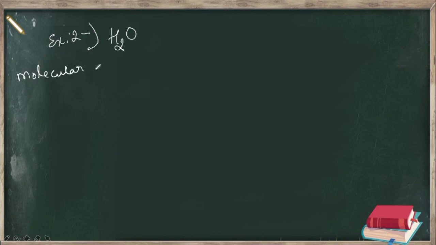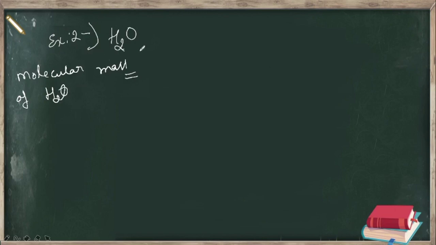Molecular mass of water, that is H2O, is equal to. Now we have to use it a number of times. How many times? See, it has 2 elements, right? I said that n number. What is that n number? We have to use that n number based on the number of elements.